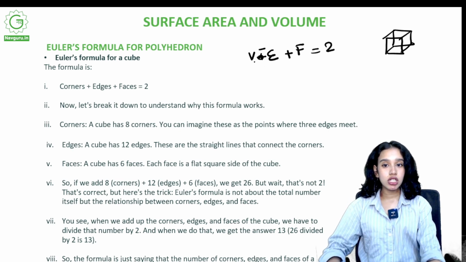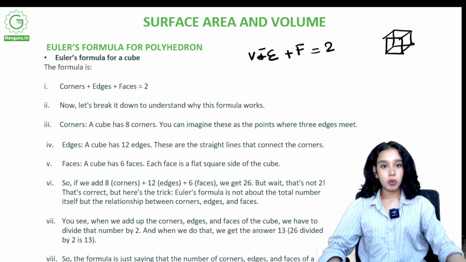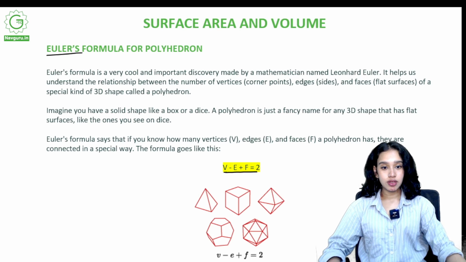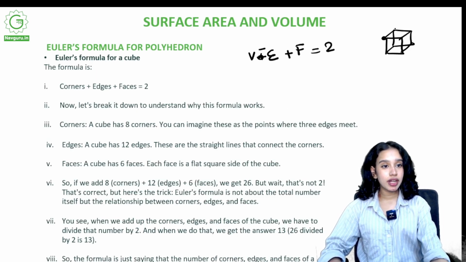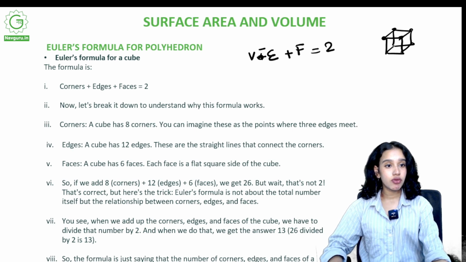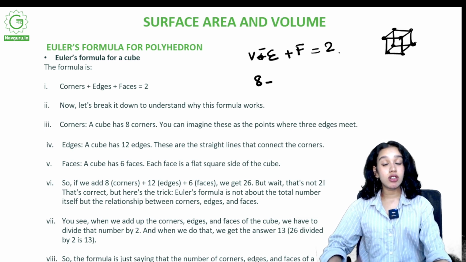Now, what is vertices minus edges here? The number of vertices in a cube is 1, 2, 3, 4, 5, 6, 7 and 8. So, a cube has 8 vertices. Now, how many edges does it have? It has 1, 2, 3, 4, 5, 6, 7, 8, 9, 10, 11, 12.